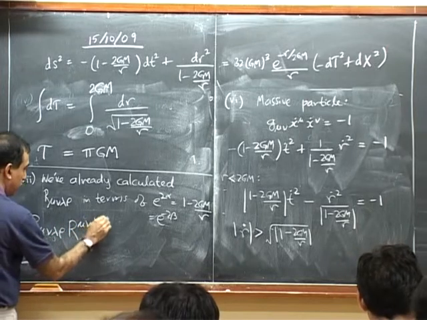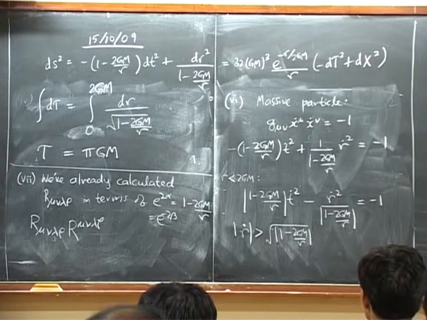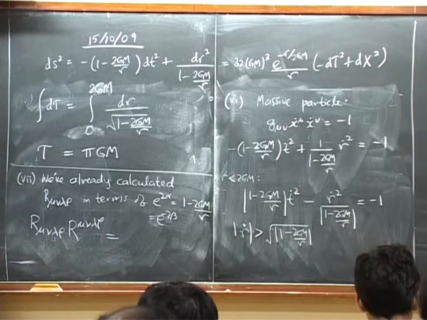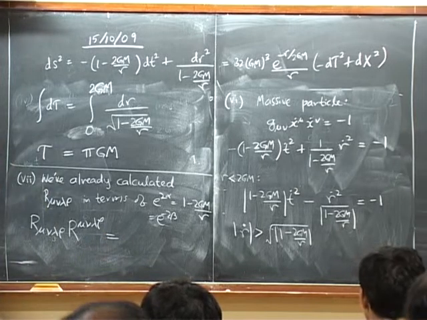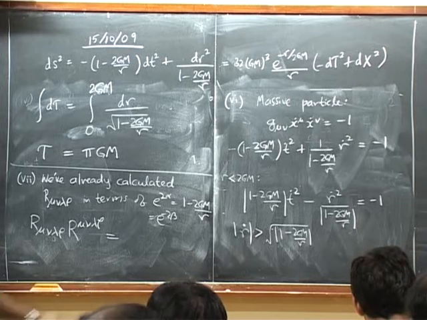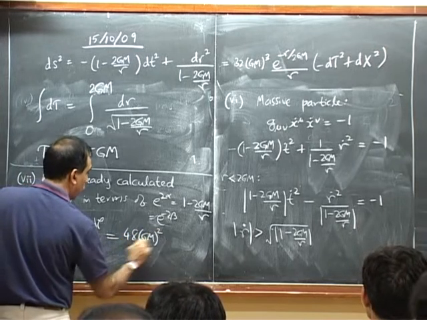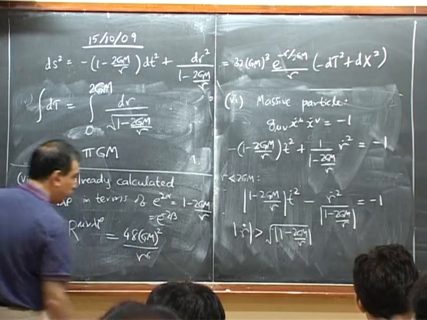It's just tedious, but you can do it. And the answer for the Schwarzschild metric comes out to be 48 G squared M squared over r to the 6th.